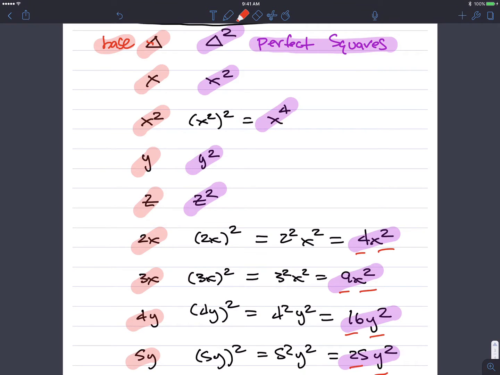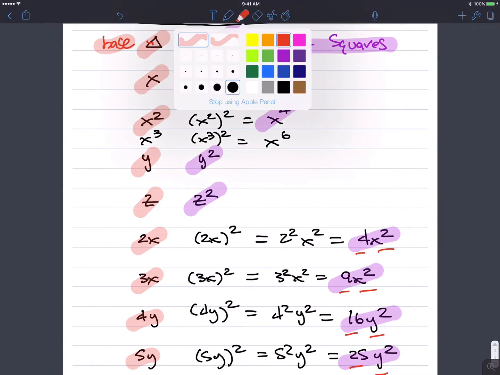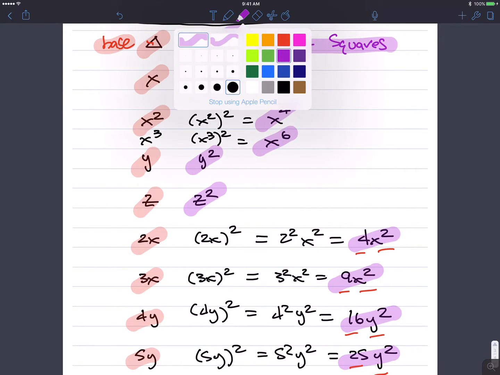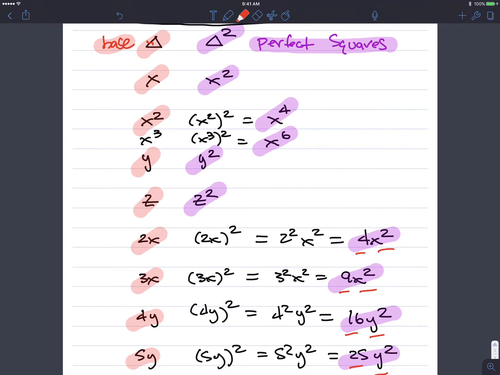I can take here, and let's sneak it in, what if it's an odd number? X to the 3rd power. Let's find that out. X to the 3rd power to the 2nd power gives you x to the 6th. What that means is x to the 6th is a perfect square. My base, though, is x to the 3rd.